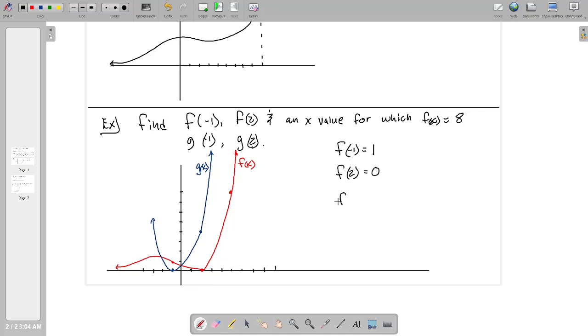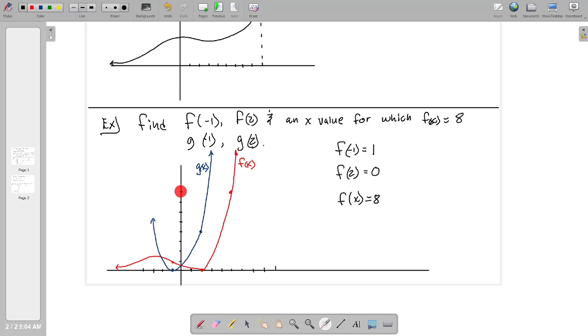And then we look for f of x is equal to 8. So this one's a little bit backwards. Now we're looking for an x value that's associated with the y value 8. So here, remember, these are y values, and these are x values. So we're looking for which x value gives us a y value of 8. We look for where the y value is 8.